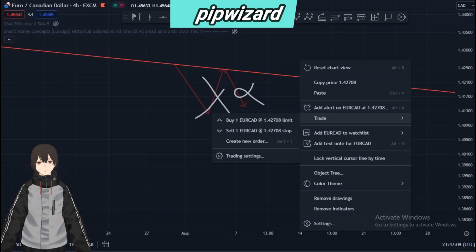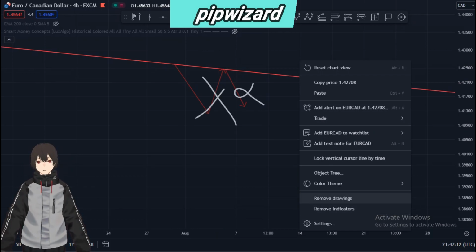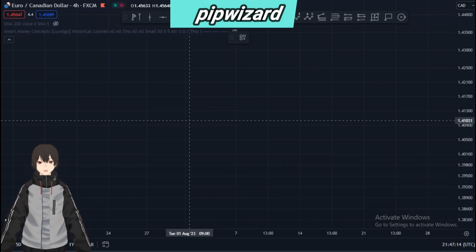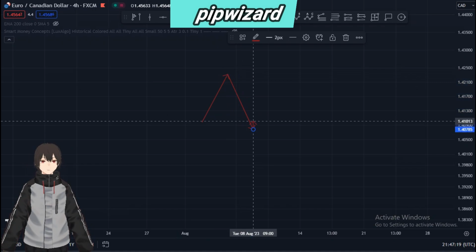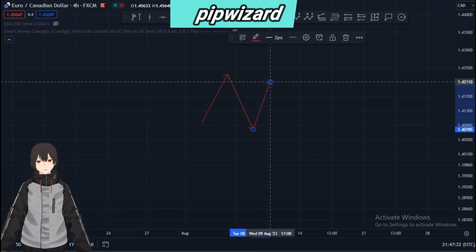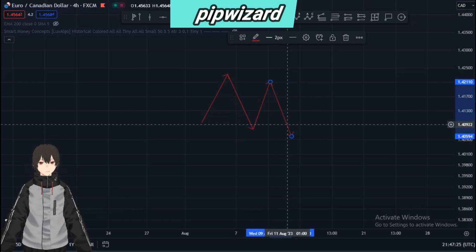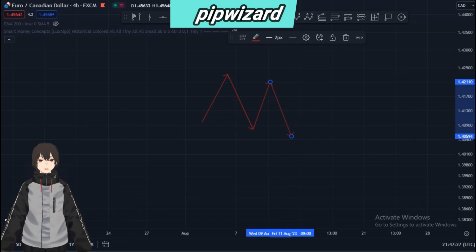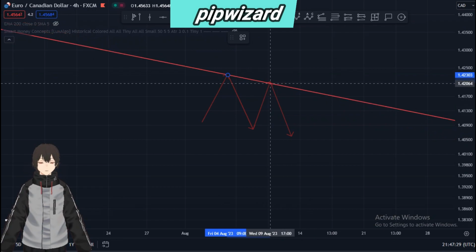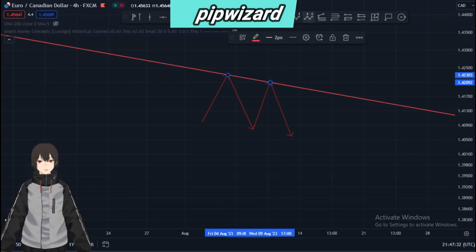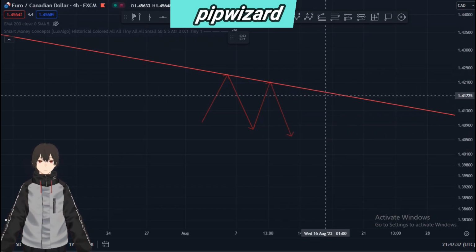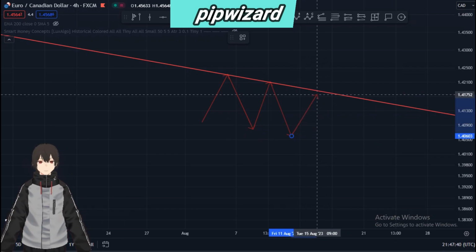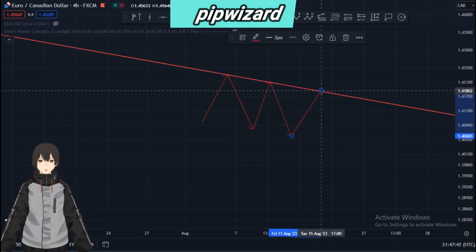But for a correct trend line, you have a bearish trend, then the market breaks the lowest low. You can draw a trend line, then set a position or order on your line. When the market comes here, your order will be opened, and then you can profit from this market.